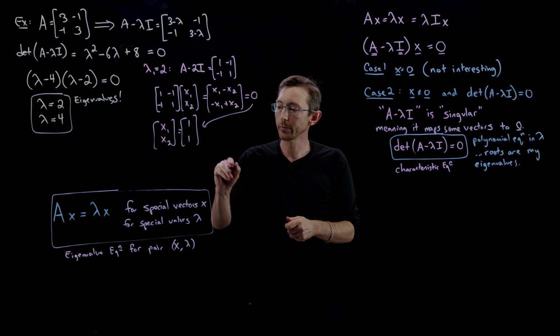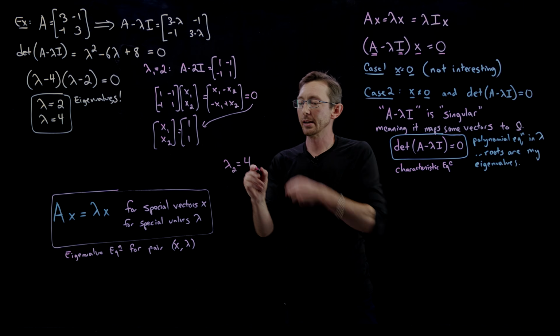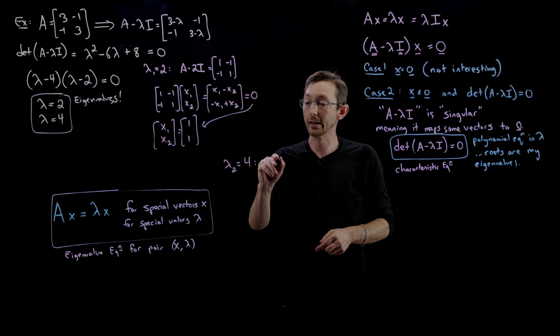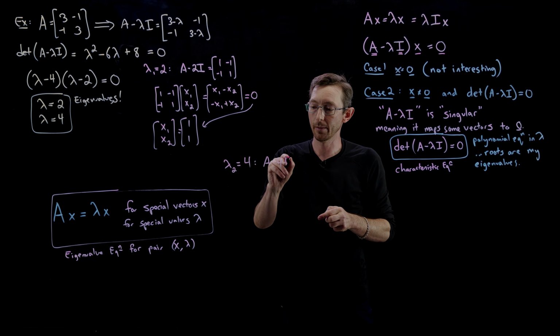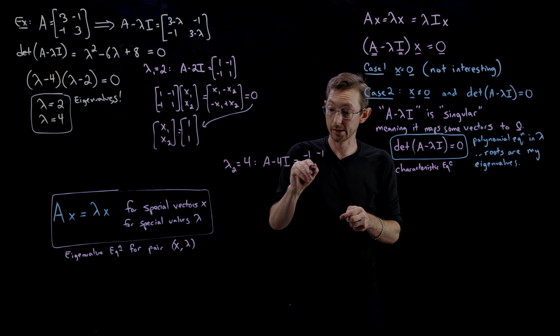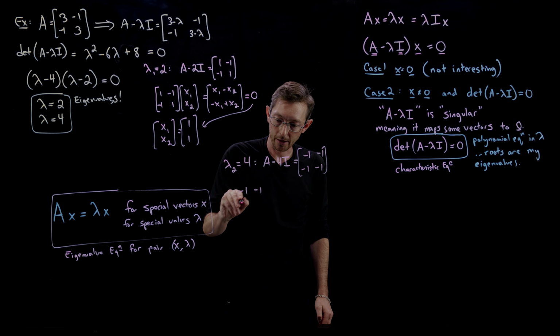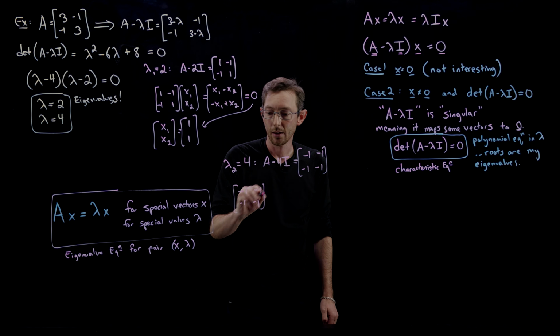Similarly for lambda 2 equals 4. A minus 4I is minus 1, minus 1, minus 1, minus 1. Ooh, that's a nasty one. And minus 1, minus 1, minus 1, minus 1, very negative.